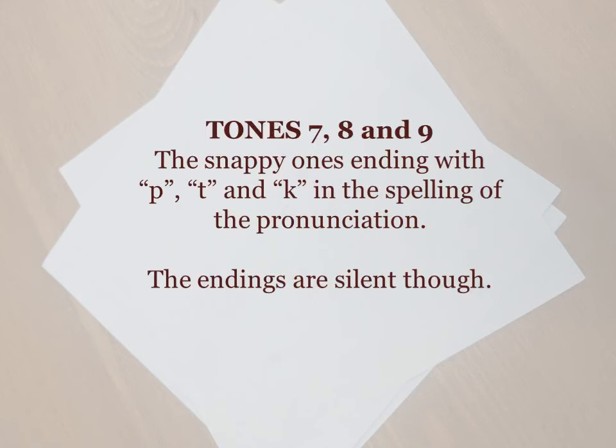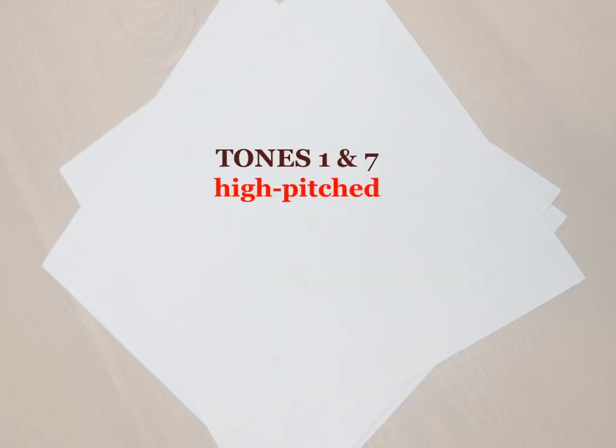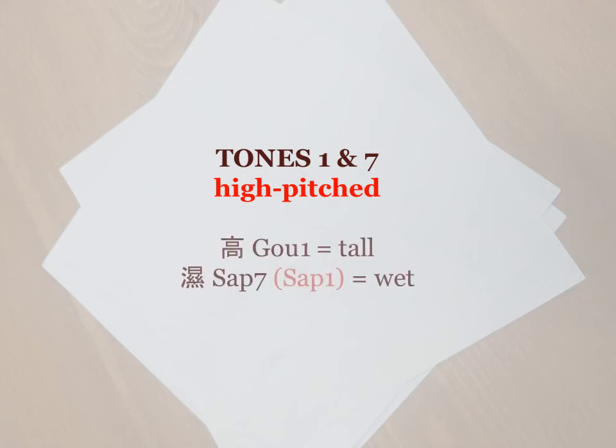Tone 7, 8, and 9, the snappy ones ending with P, T, and K in the spelling of the pronunciation. Notice that these endings are silent, so they're not P, T, K. We don't actually pronounce them. Tones 1 and 7, high-pitched.